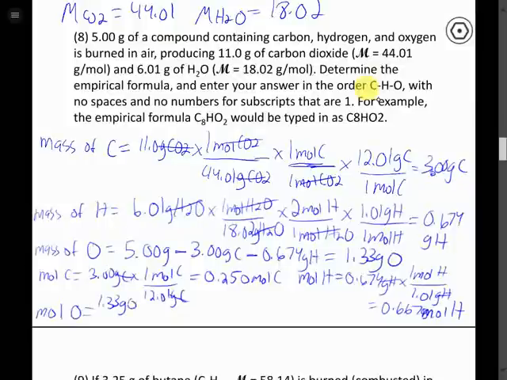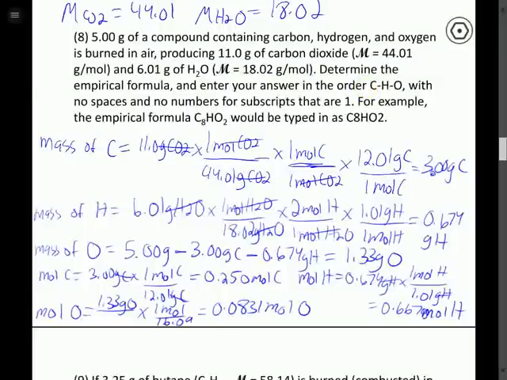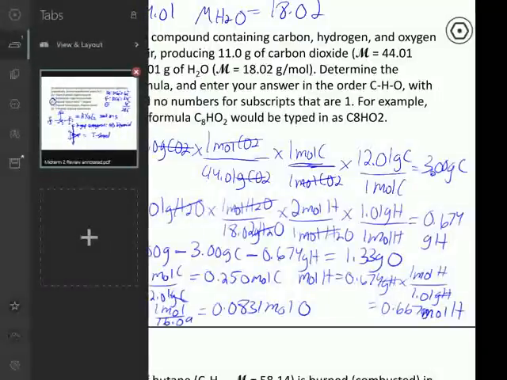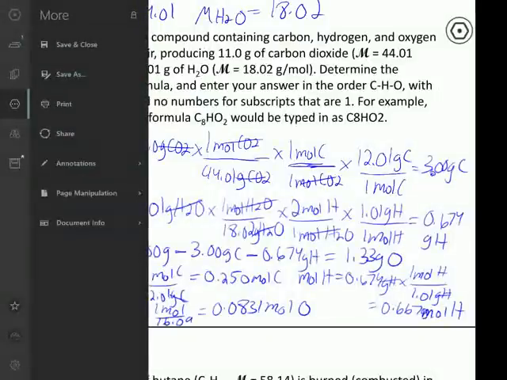We have 1.33 grams of oxygen times 1 mole is 16.0 grams. I'm running out of room here, so this looks terrible. But we get 0.0831 moles of oxygen. Okay, so that step there was just using the atomic masses to find the number of moles.